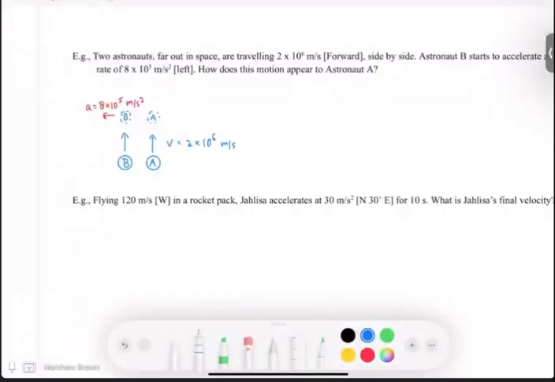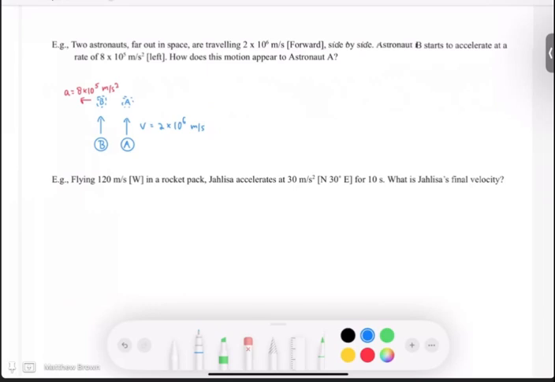In reality, though, if you were astronaut A, this motion would appear to the left, right? Purely to the left. That's all you would see.